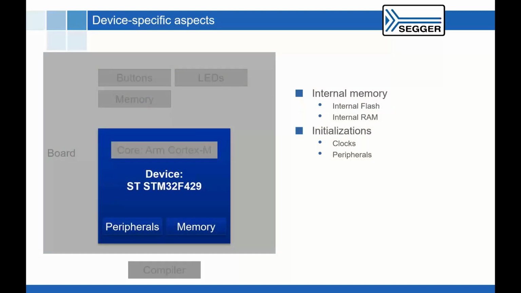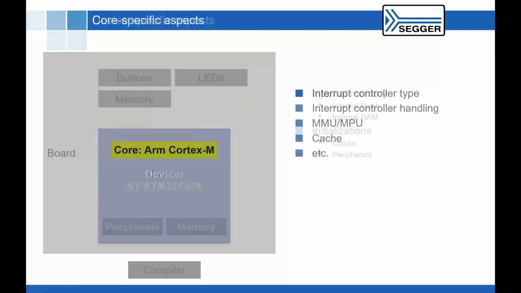Then when we look at the device itself, usually those devices have internal flash memory that needs to be initialized and or programmed with your application. So internal RAM, and then obviously a lot of initializations for the peripherals and the clocks on the device itself.